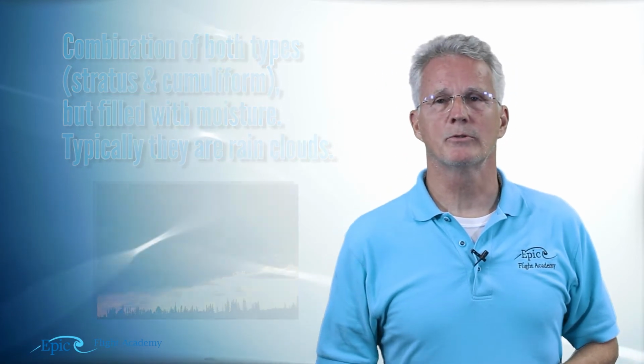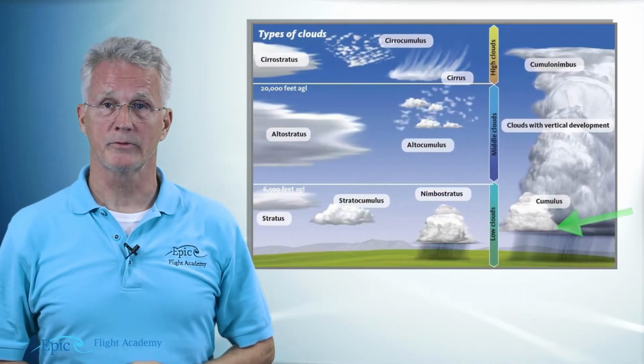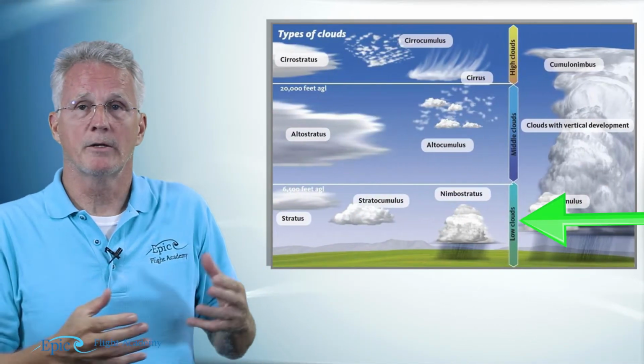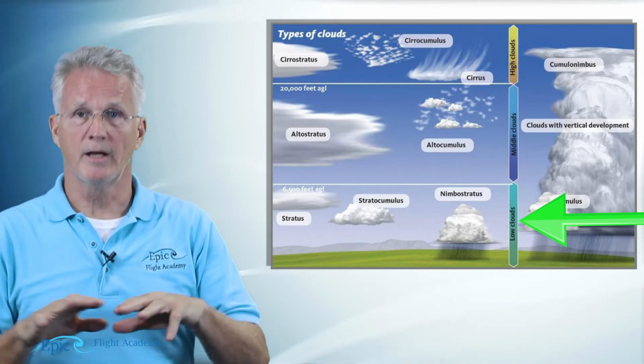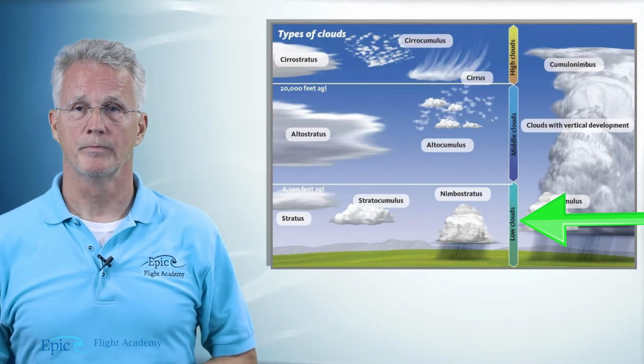So now let's take those two general cloud forms, cumulus and stratus, and lay it across these altitudes. Below 6,500 feet, these puffy clouds we just call cumulus, and the flat ones that we call stratus.